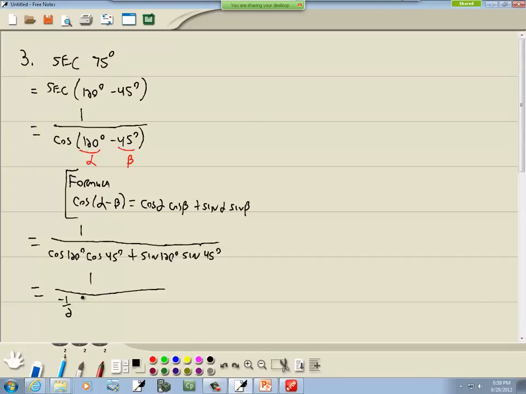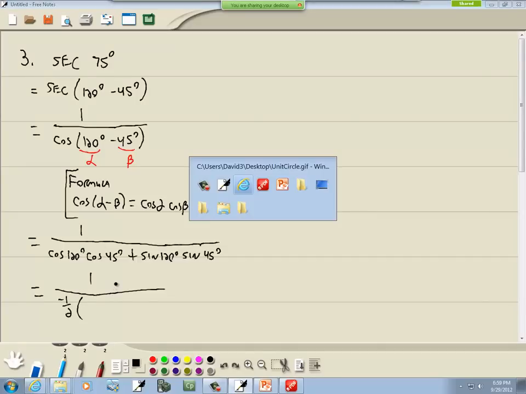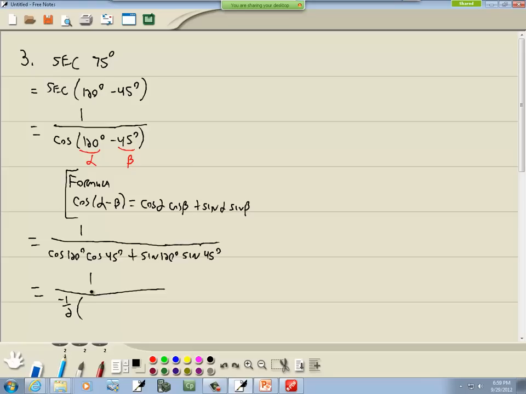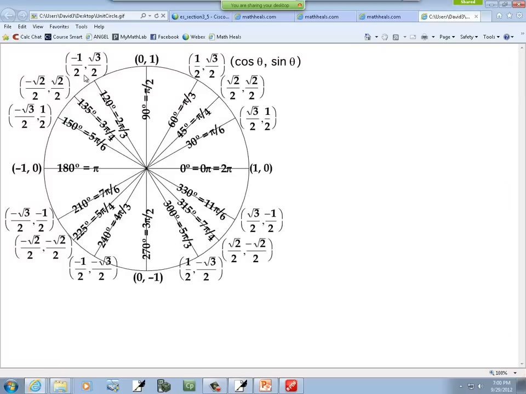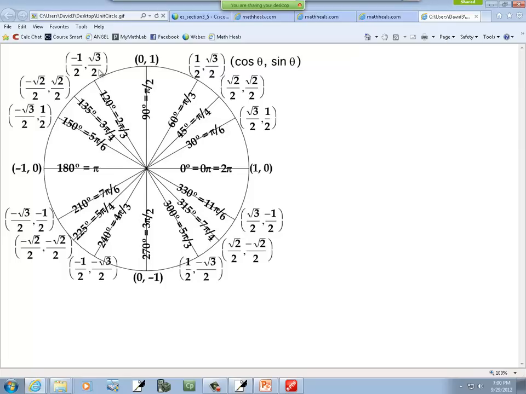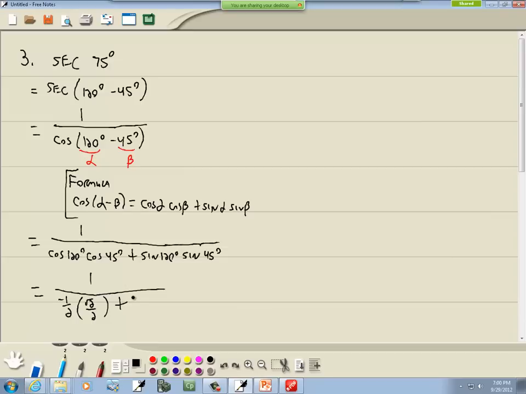Cosine of 45 degrees is square root of 2 over 2. Sine of 120 is our y, which is square root of 3 over 2. And sine of 45 degrees is square root of 2 over 2, if I look it up.